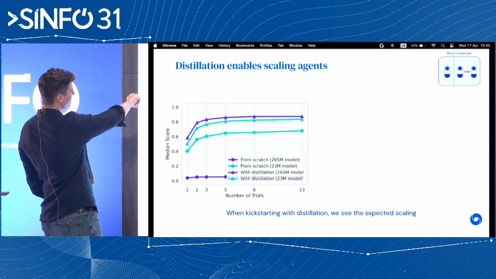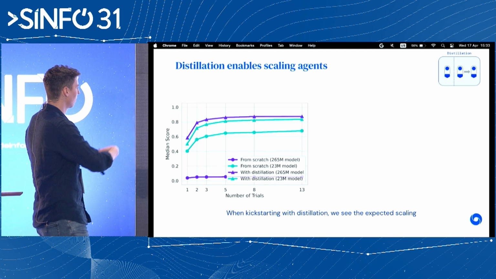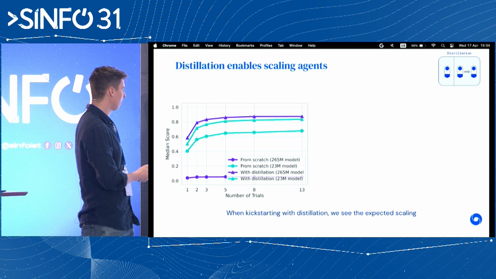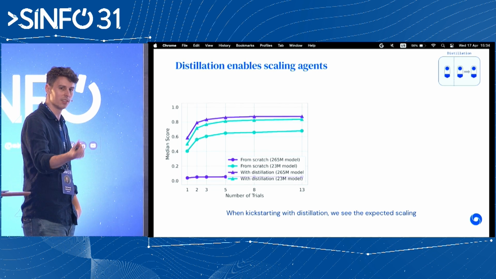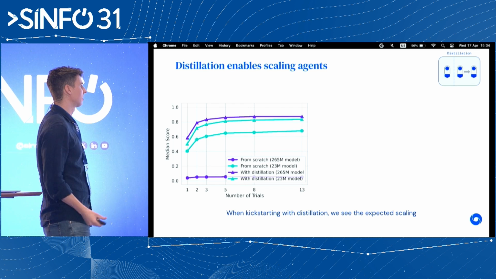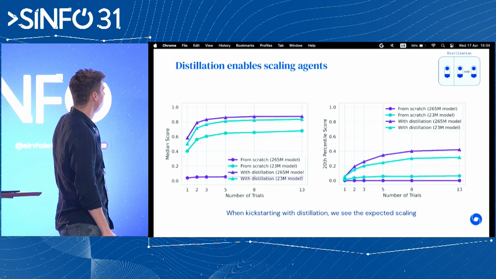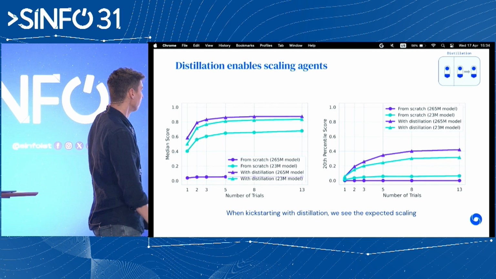So the larger model has a lot of benefit from this, and we get the best performance in this way. So yeah, we get quicker and higher performance, but also in the asymptotic setting. Cool. And the same for the 20th percentile.